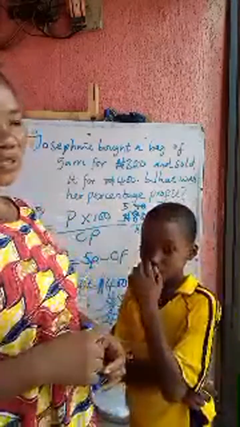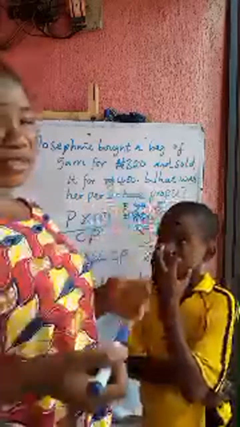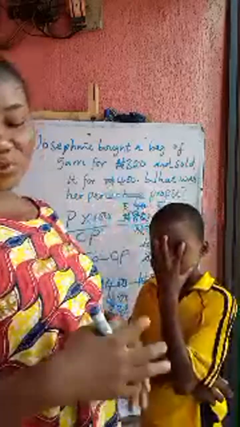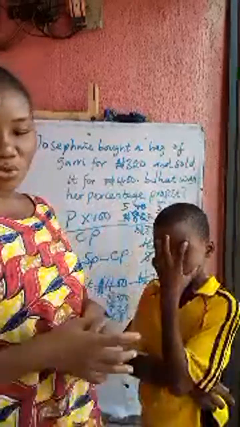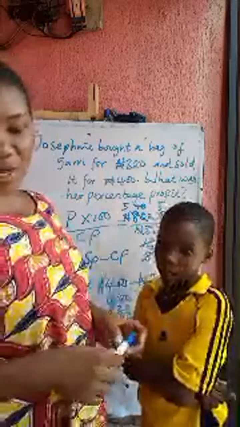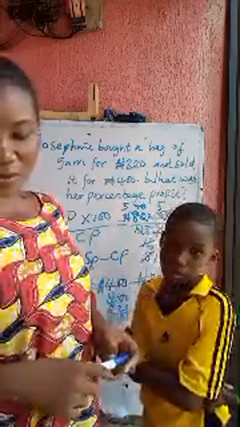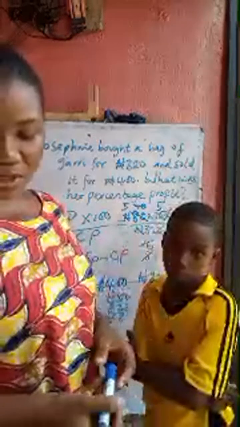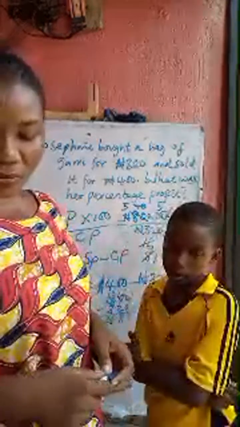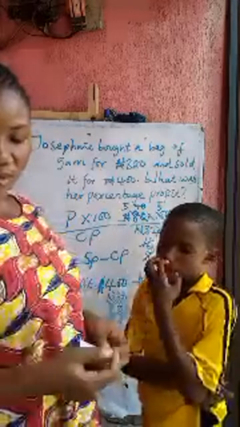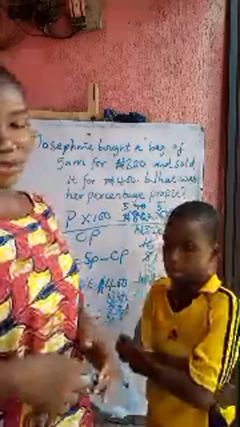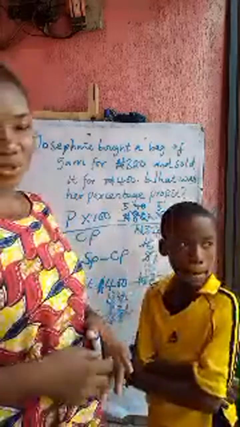When learners hear mathematics, they get scared. But this review will help them to know that there is no need to be afraid. It's a matter of putting in continuous practice. So tomorrow we are going to continue.